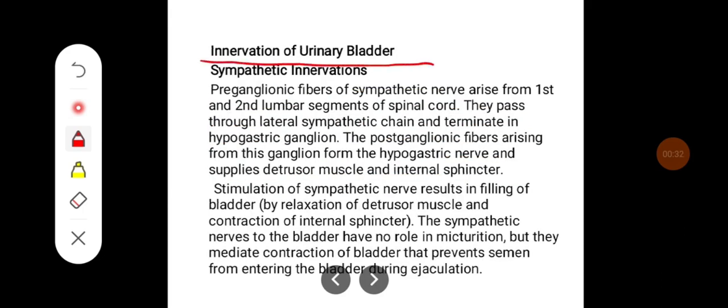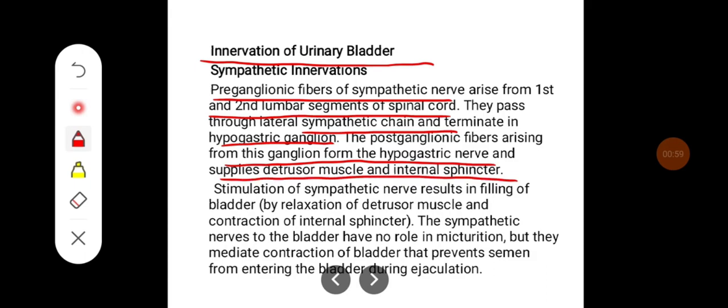If you see the innervation of the urinary bladder, it has a sympathetic innervation and a parasympathetic innervation. Sympathetic innervation mainly involves the preganglionic fibers of the sympathetic nerve, which arise from the first and second lumbar segments of the spinal cord. They pass through the lateral sympathetic chain and terminate in the hypogastric ganglion. The postganglionic fibers arising from this ganglia form the hypogastric nerve and supply the detrusor muscle and internal sphincter.